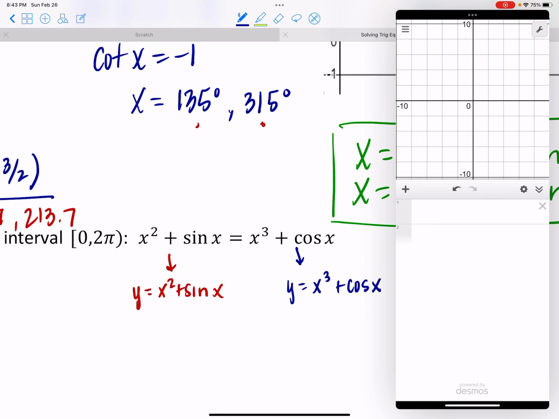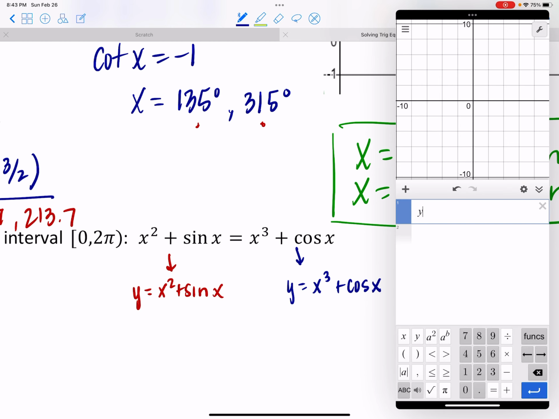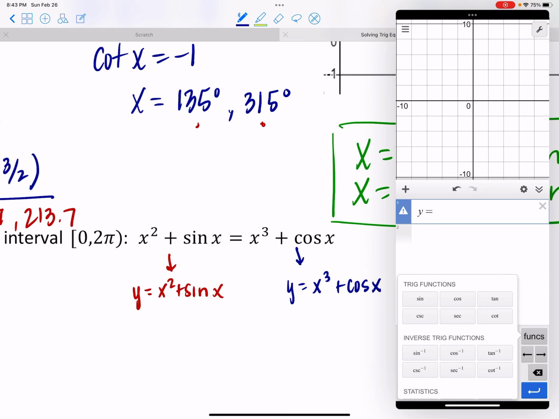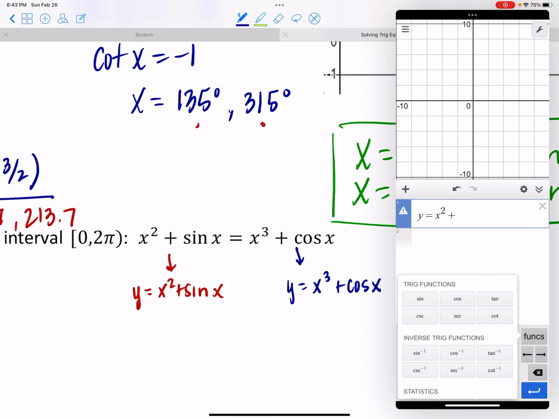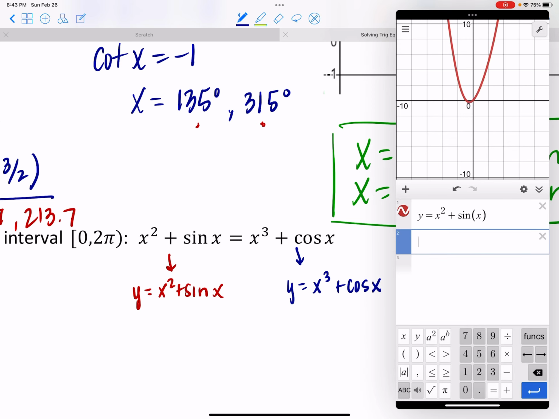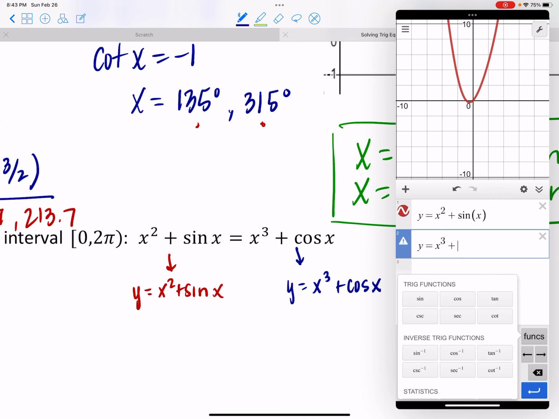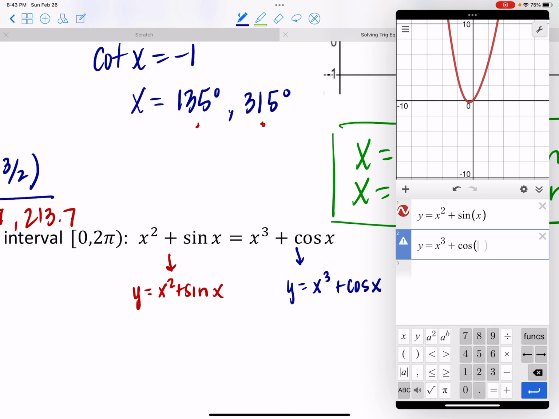Let me just type this in. One side of my equation is y equals x squared plus the sine of x, and the other side of my equation, y equals x cubed plus the cosine of x.